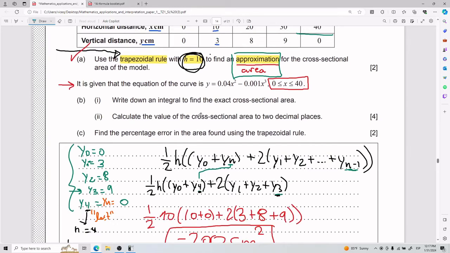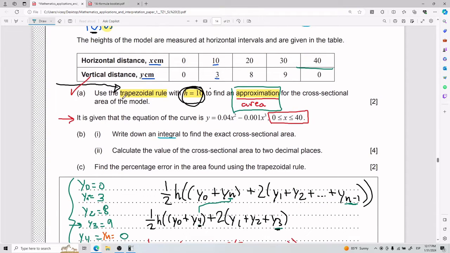Much like the trapezoidal rule helps you find the area as an approximation, the integral helps you find the exact area. That is a way you can remember it. An integral is for finding the exact area under a curve. The trapezoidal rule is to find the approximated area under a curve.